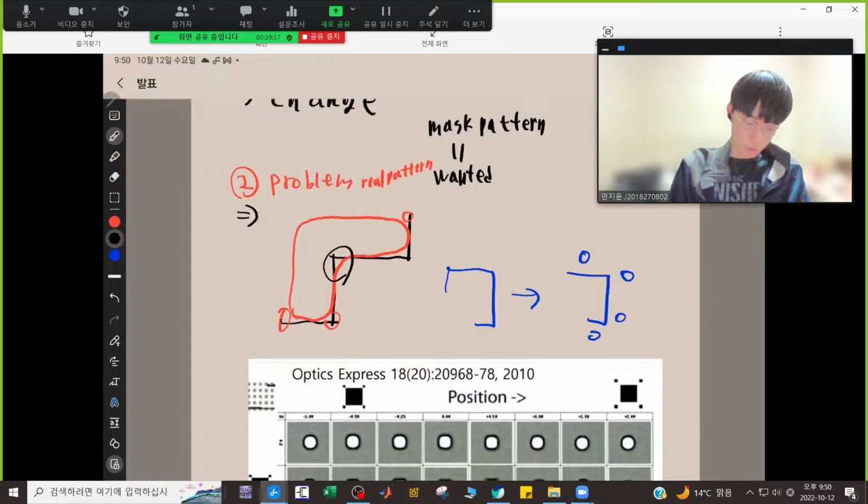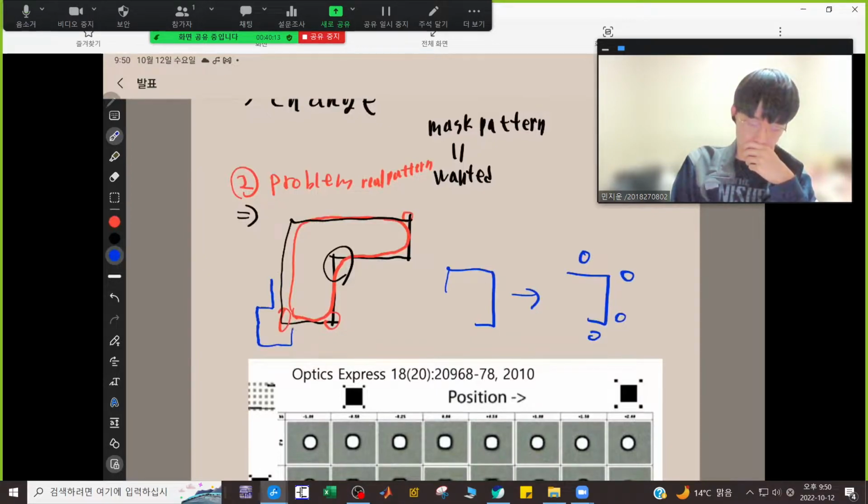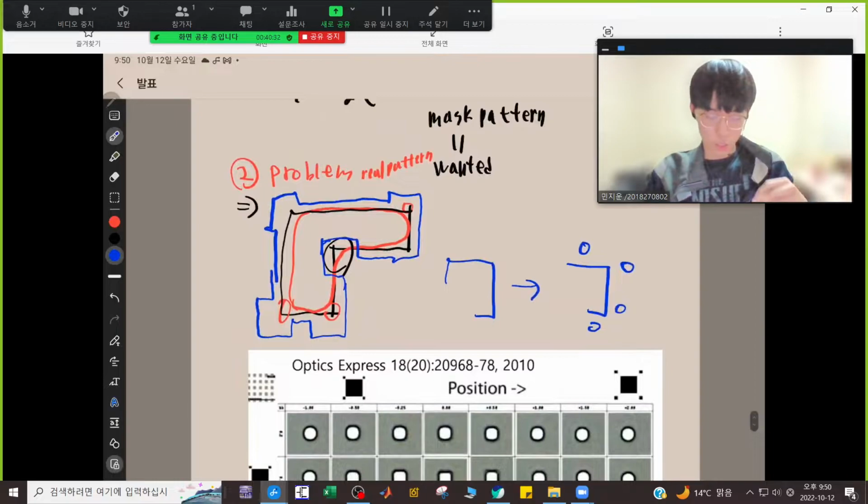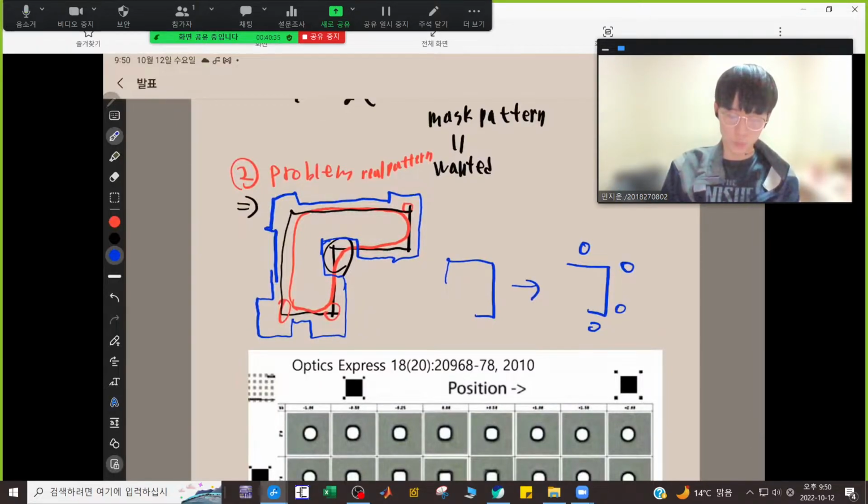So in real processes, to solve this problem, we make a customized mask. At the edge, the mask size is bigger, and in this region, we make a small pattern mask like this. This mask pattern can solve these problems.